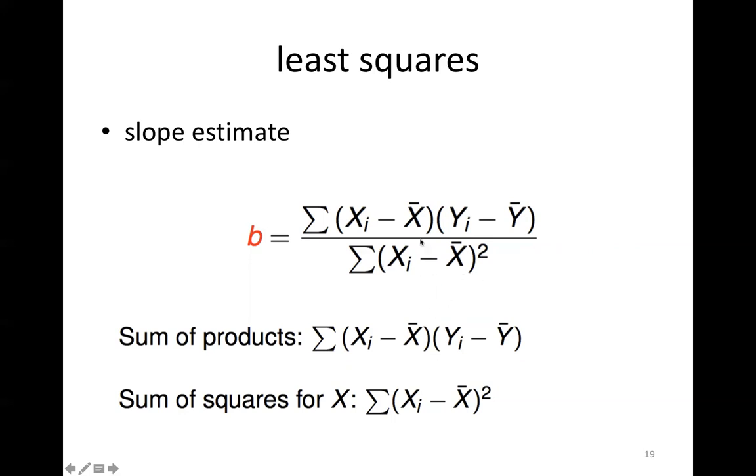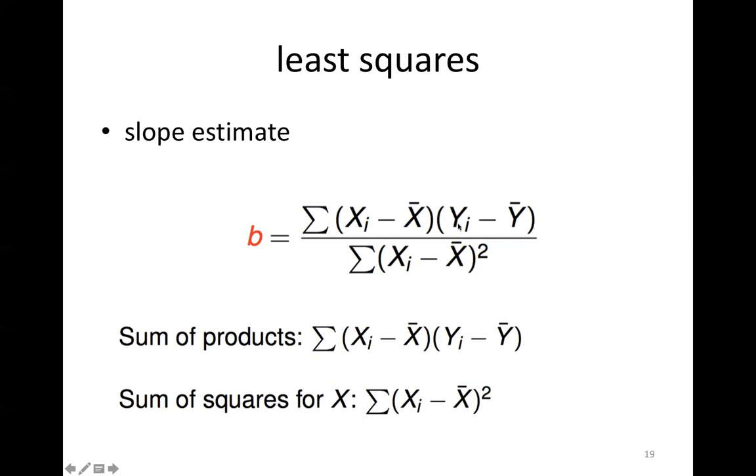So we are dividing the sum of products, the difference between each x value and the mean of x, times the difference between each y value and the mean of y. This we calculate for each i, for each observation in our data set, take the product of the differences, and sum the products.